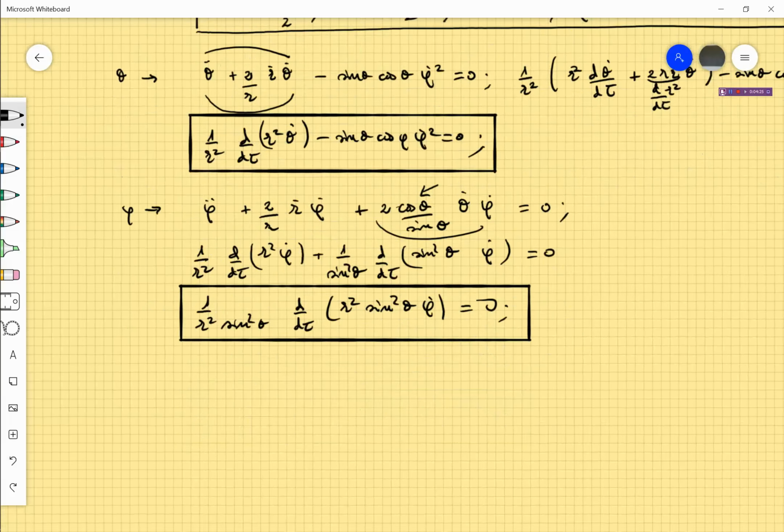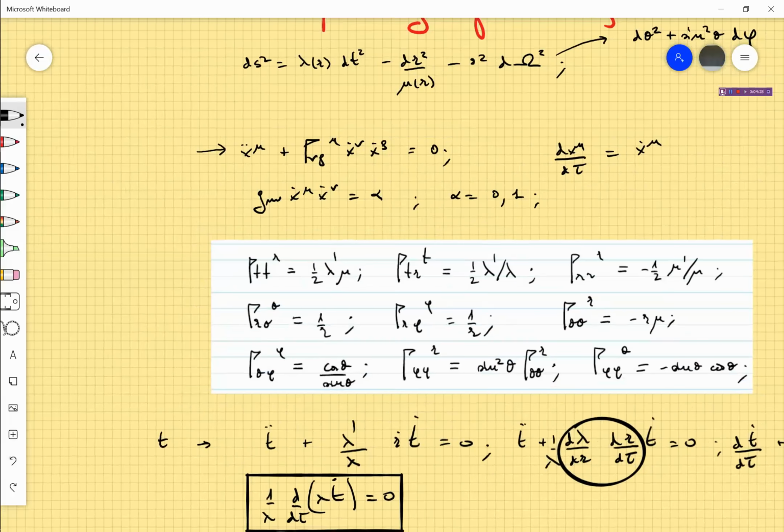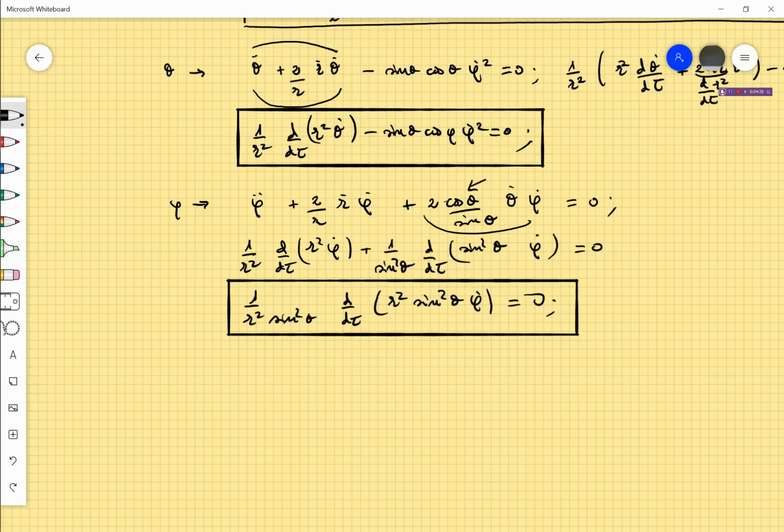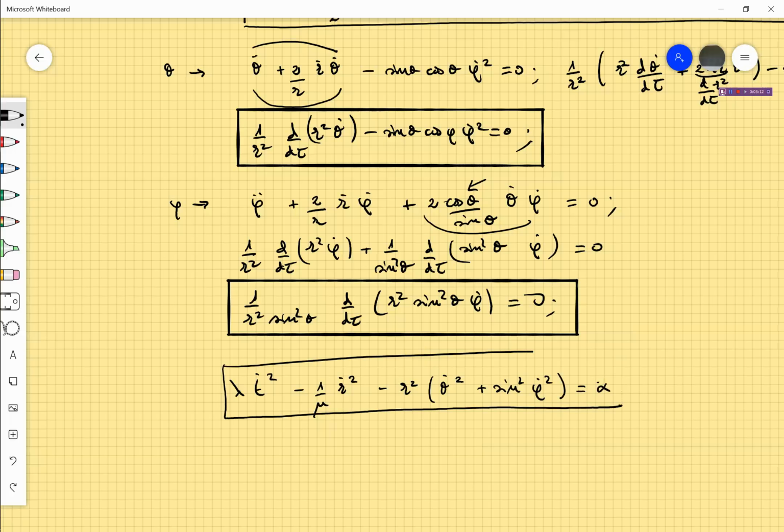So we have these 4 equations, and we also have this mass shell condition, which is nothing but lambda equals g_tt t dot squared minus 1 over mu, minus 1 over mu is dr r, so this is r dot squared minus r squared, which is a common factor of theta dot squared plus sine squared theta phi dot squared, equal to alpha, which could be 0 or 1, as we said before.